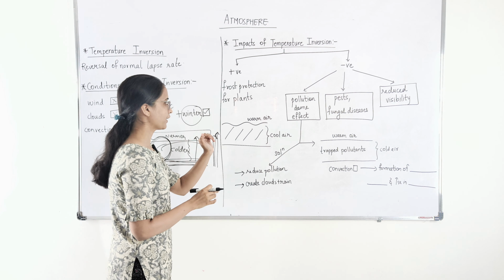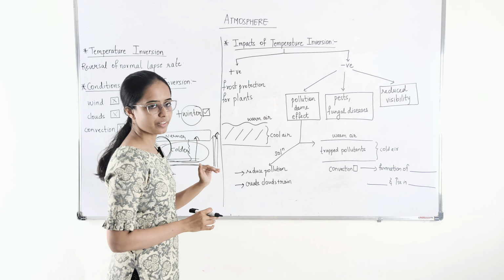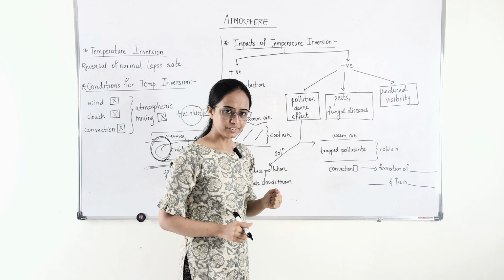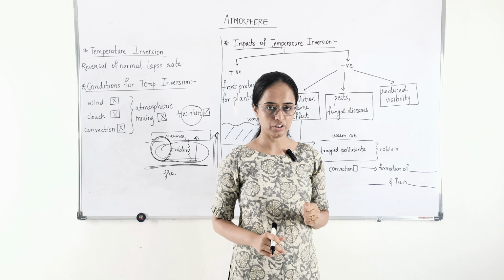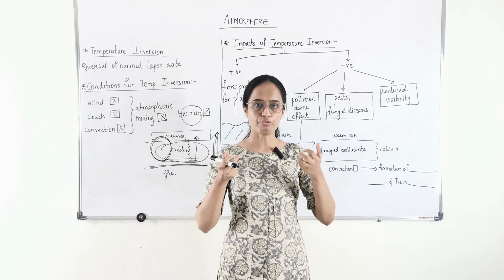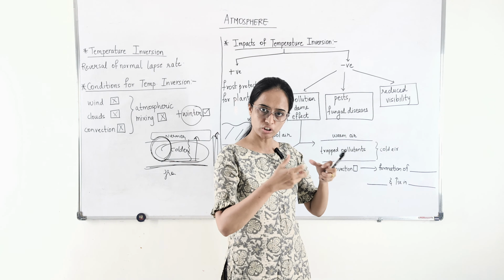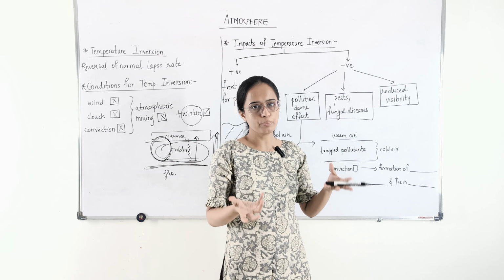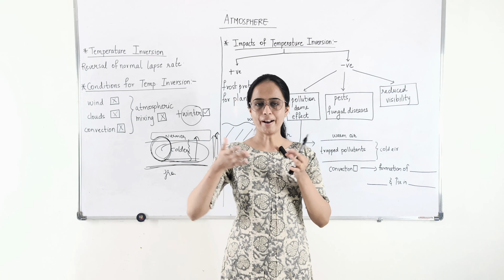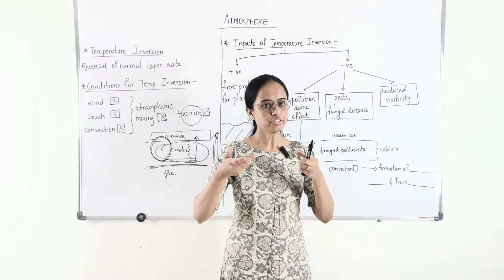जैसे positive impact क्या है कि frost protection मिलता है for plants. What happens is, due to the temperature inversion, the formation of frost, or we could say कि जो frost बनता है, and normally humans would have frost bites, so even plants have to undergo the same phenomena, which is not good.